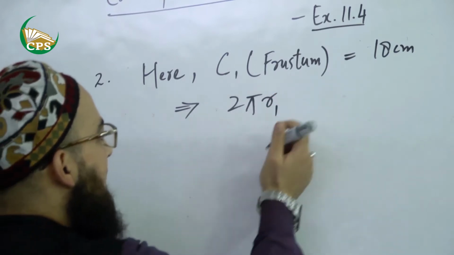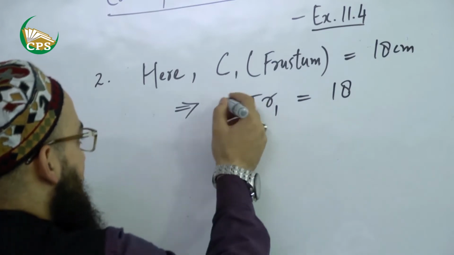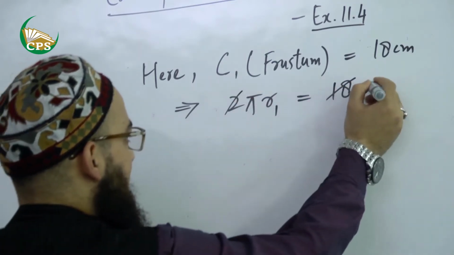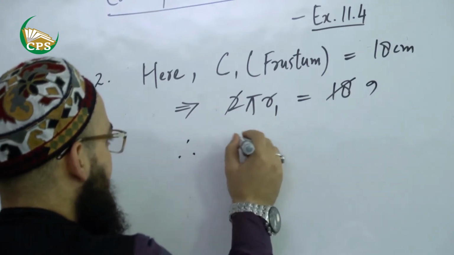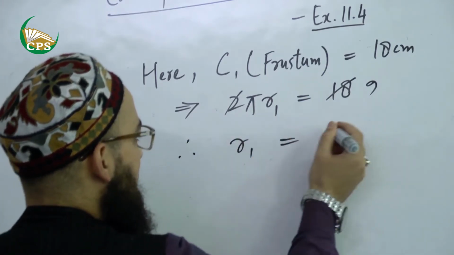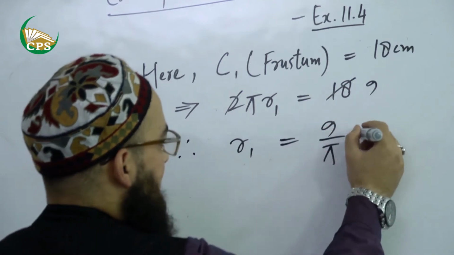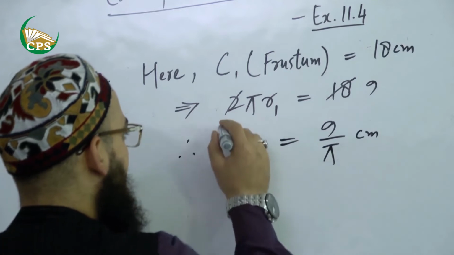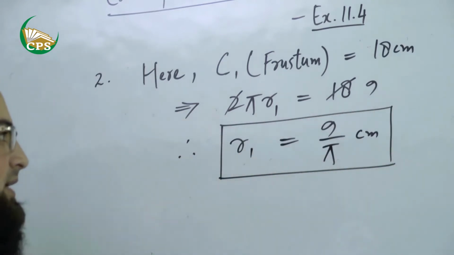So 2 pi r1 is equal to 18. Then 2 ones, 2 nines. Therefore, r1 is equal to 9 divided by pi centimeter. This is your r1, so you got your first radius.